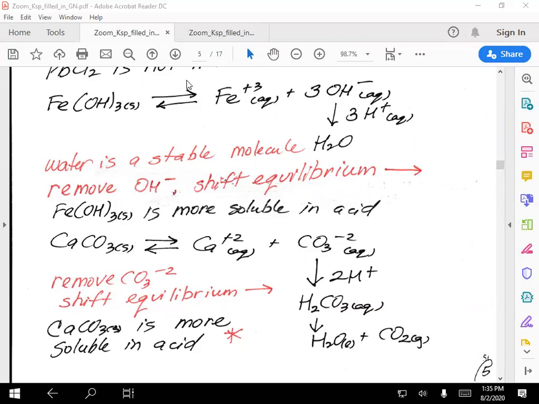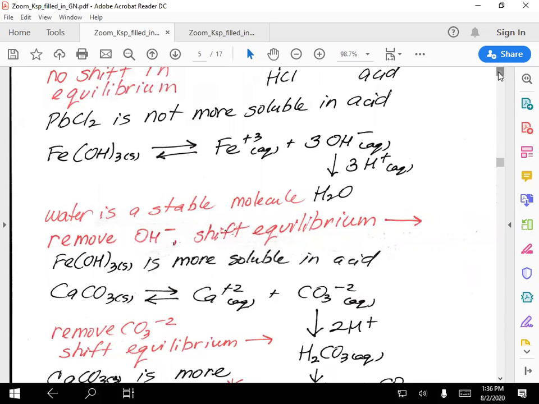So you are removing the carbonate, which means you are shifting the equilibrium towards products, which means the calcium carbonate is more soluble in acid. So we have 3 different examples that were more soluble in acid.